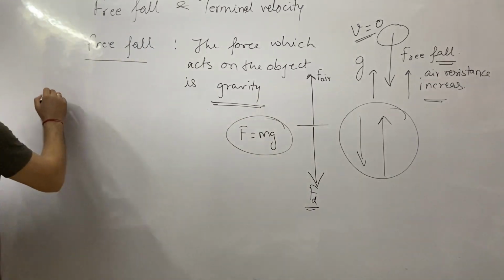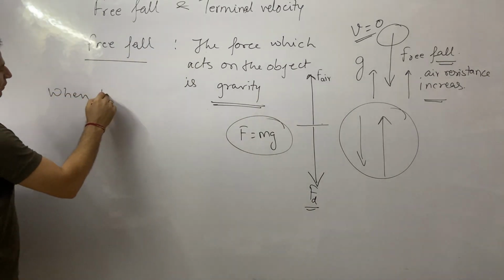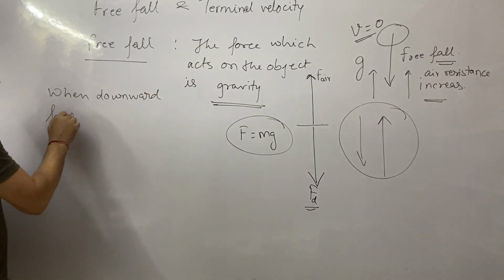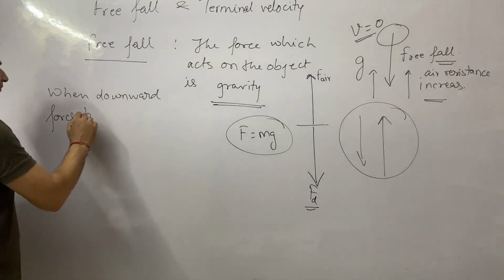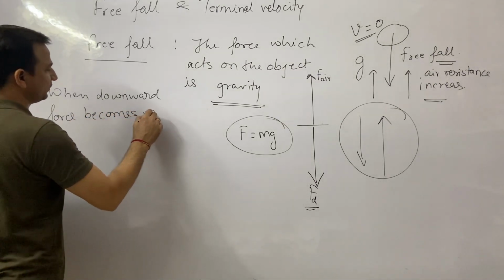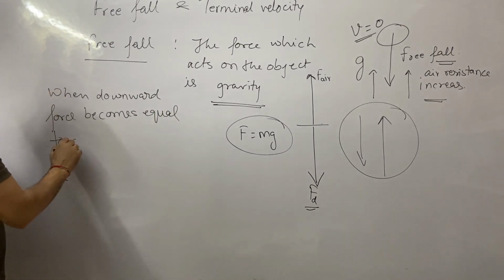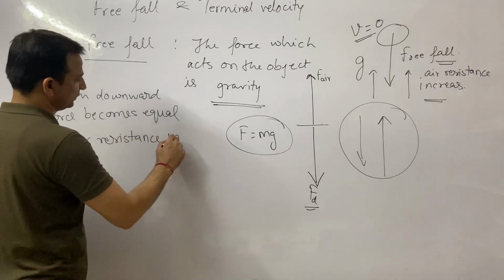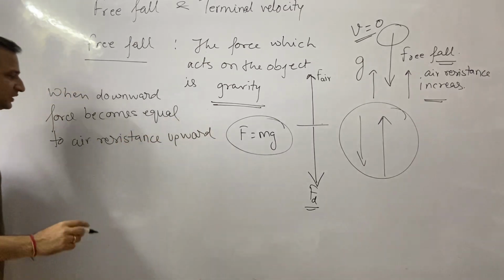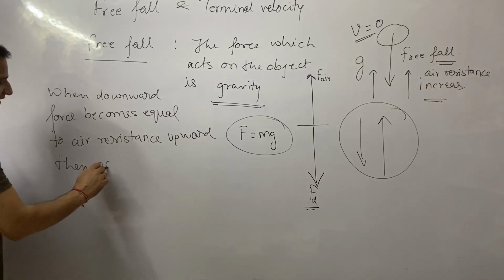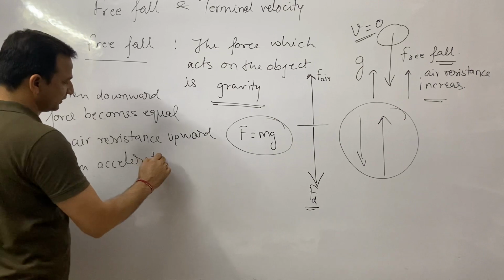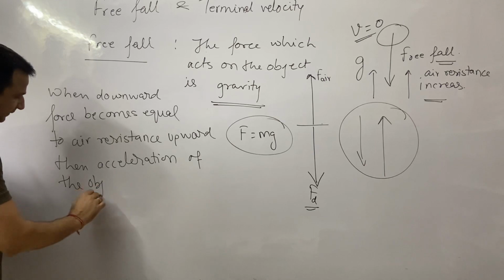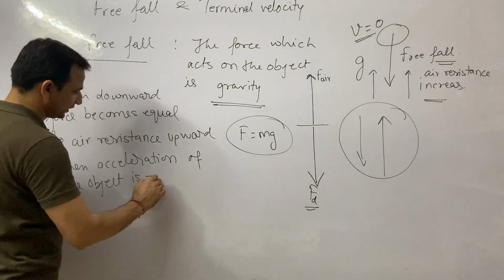So if I write here, when downward force becomes equal to air resistance upward, then acceleration of the object is zero.